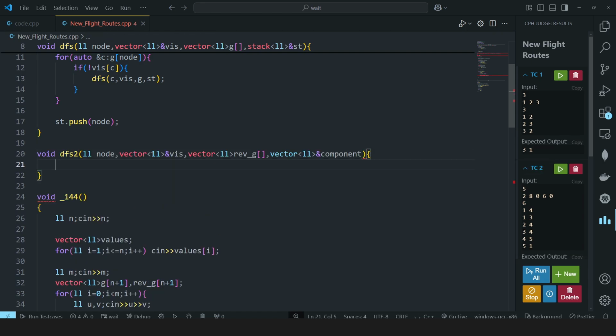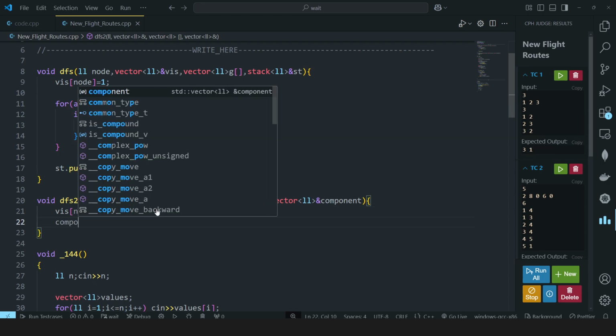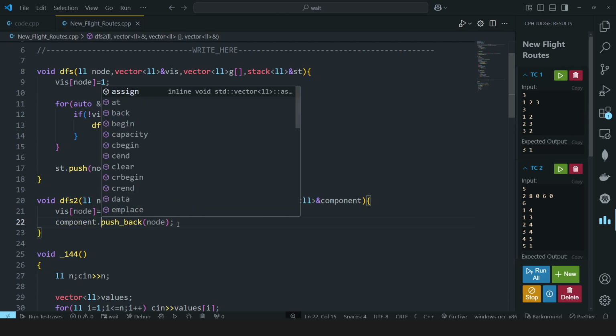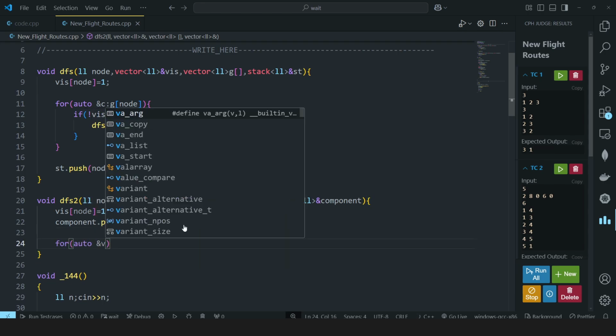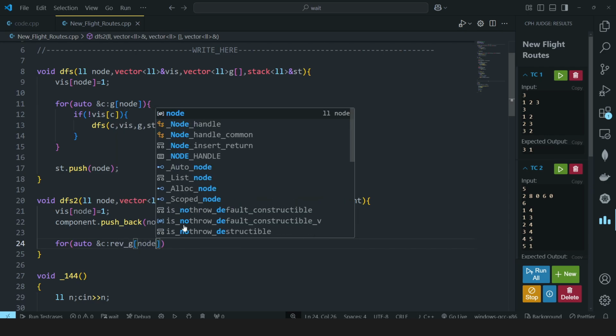So these are the parameters, and wherever possible pass them by reference, right? Now what we will do is mark this node as visited, and after this we will also push or store this node in this component. So I will say component dot push back this node, right? And after doing this, I will simply iterate through the children of this node, that is reverse graph of this node.